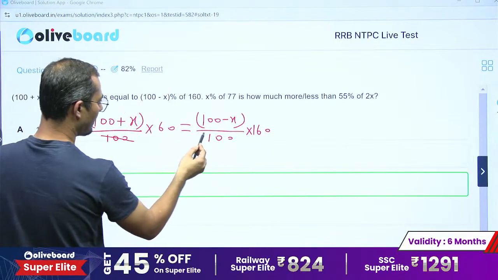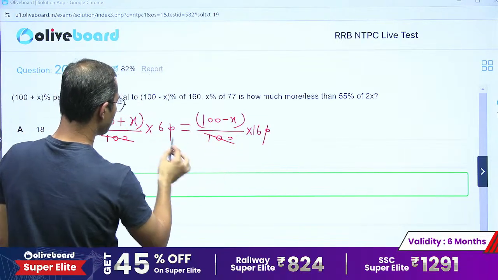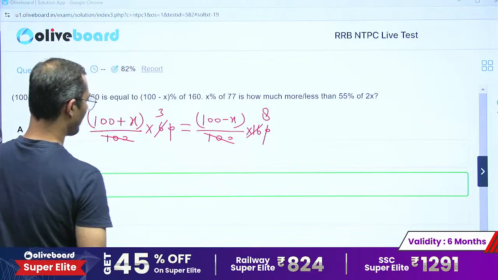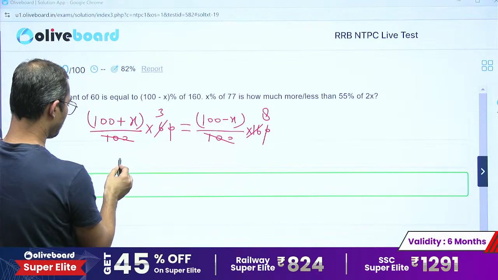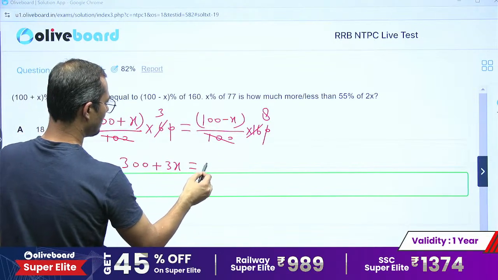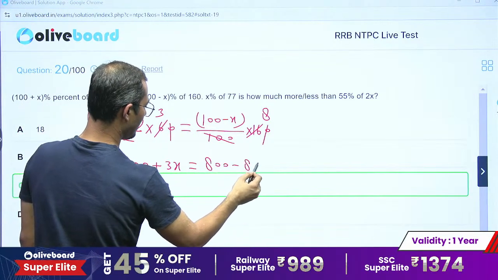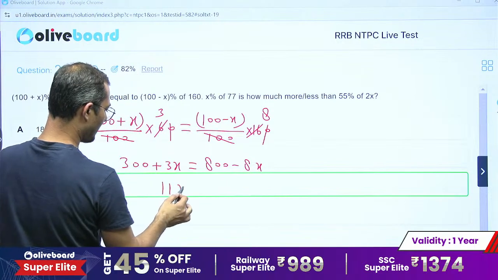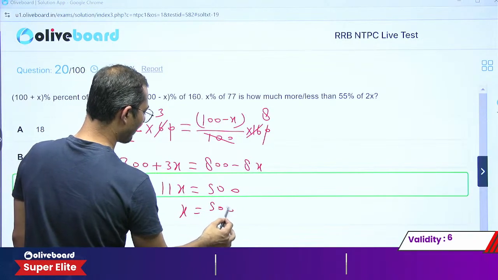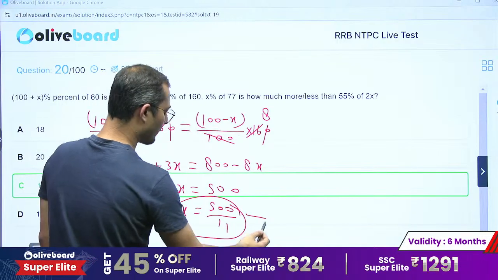So 100 got cancelled, 0 got cancelled, by 2, 3 times, by 2, 8 times, right? So here we can say that 300 plus 3x equals 800 minus 8x, right? So here we will get 11x, sorry, here we will get 500, right? So this is the mistake, right? So calculation error, right?